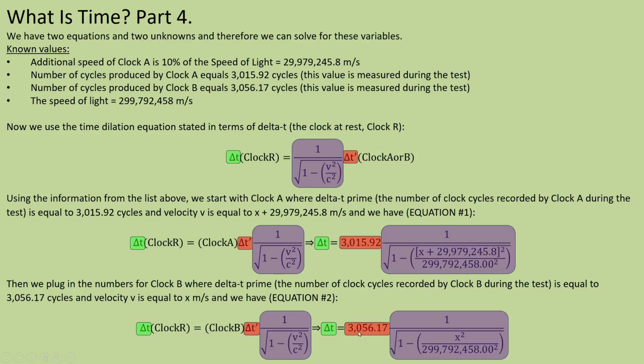So we have delta t equals 3056.17 times the Lorentz factor, where here we use the speed of the spaceship for clock B for the velocity, and we plug in the speed of light for c. And then we have our two equations.